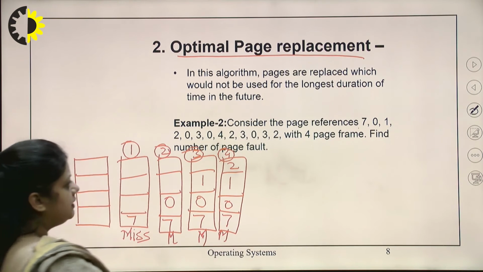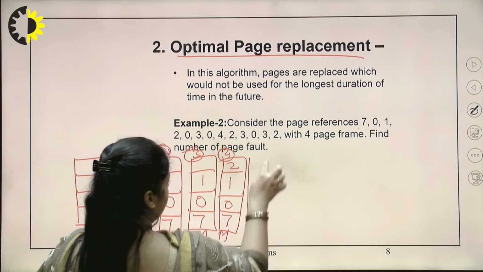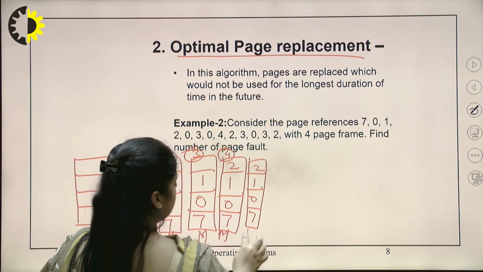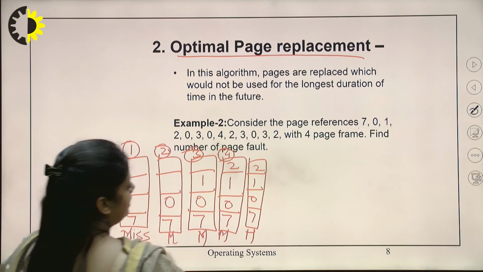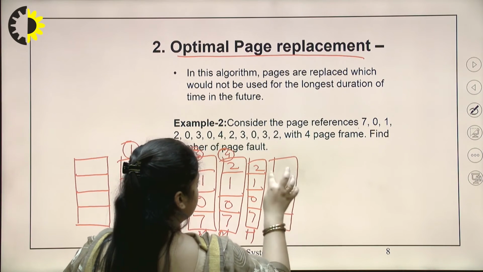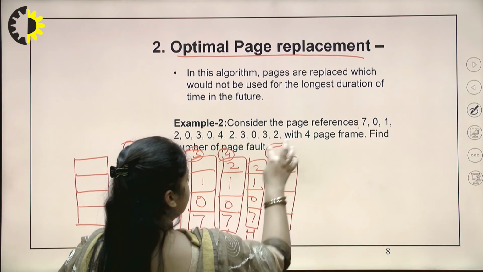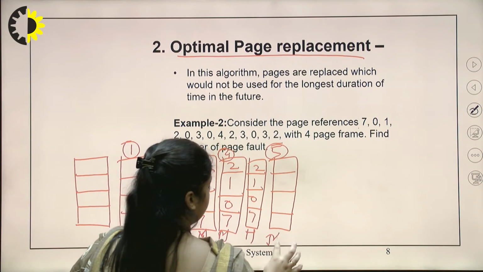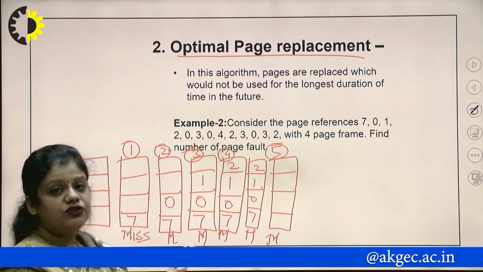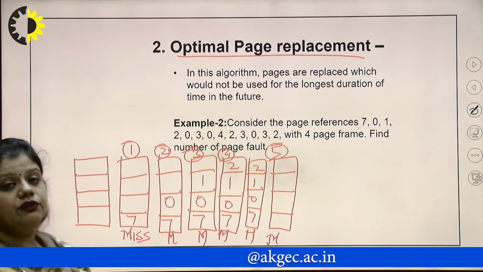Then proceeding further, 0. For 0, there is a hit because 0 is there. For 3, it is again a miss. The frames are full, so which page will be replaced? In optimal, the page which is not going to be used for the longest period of time will be replaced.